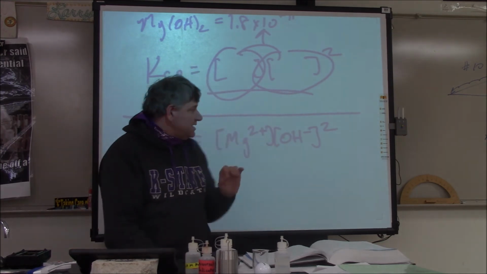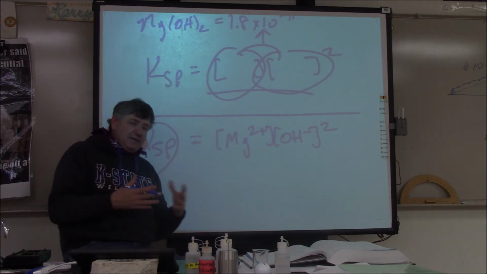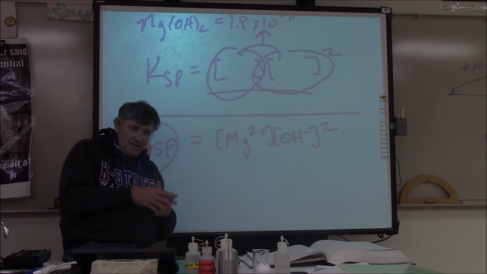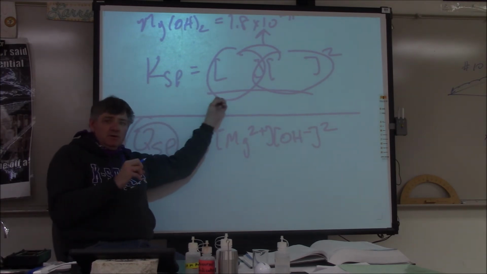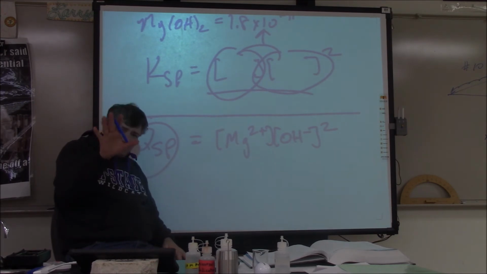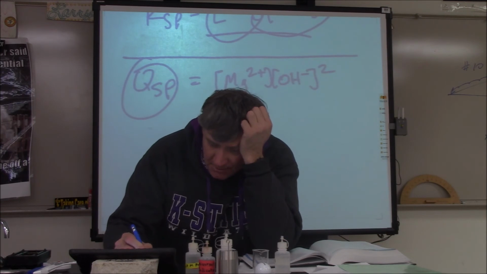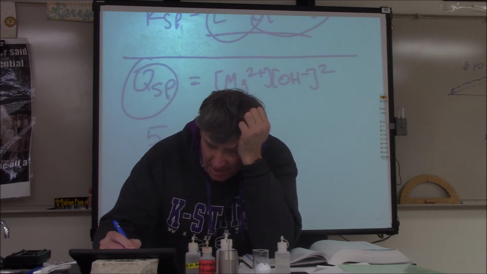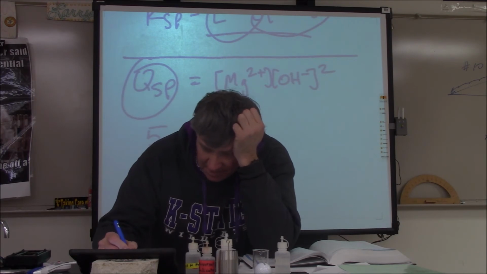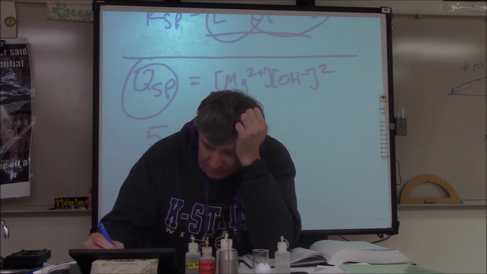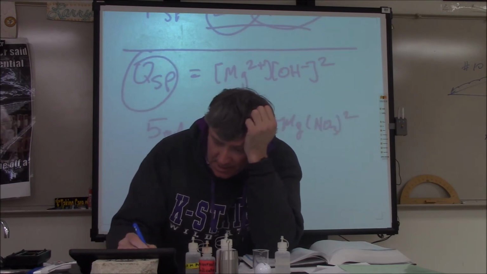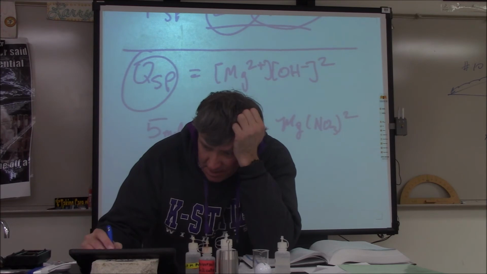But your Qsp is a snapshot of what's happening in the system, and you compare a Qsp to the Ksp. This will make sense in just a second. So let's say, for example, that I mixed 5 milliliters of, I'm just going to make up a number, an 8-molar solution of magnesium nitrate, and I mixed 5 milliliters of a 0.6 molar solution of sodium hydroxide.